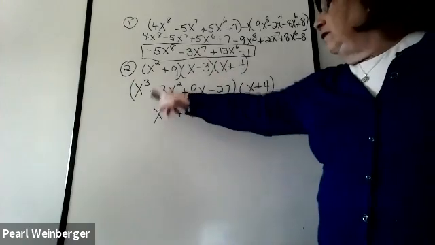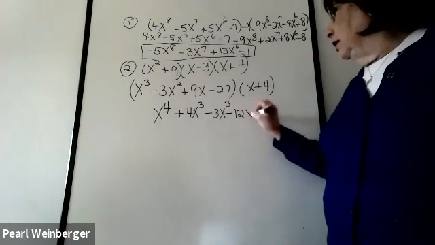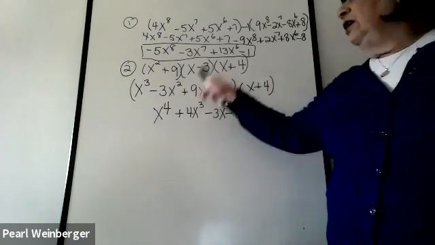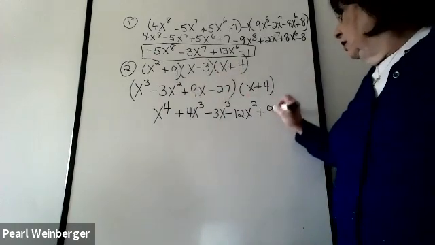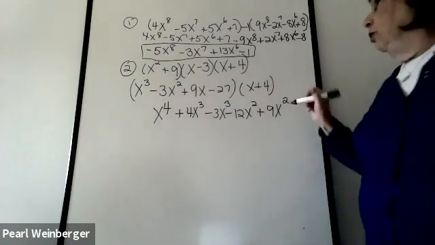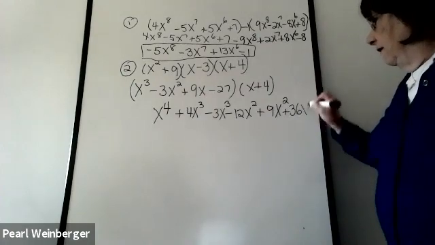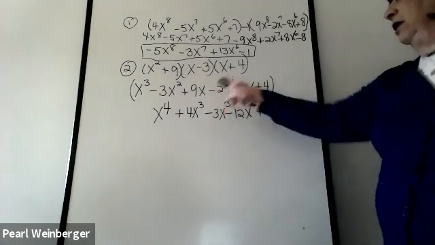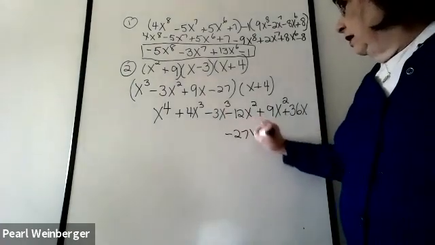And then the negative 3x squared times the 4 is negative 12x squared. Now we're on to the 9x. 9x times x is 9x squared. 9x times 4 is 36x. Finally, negative 27 times x is minus 27x.